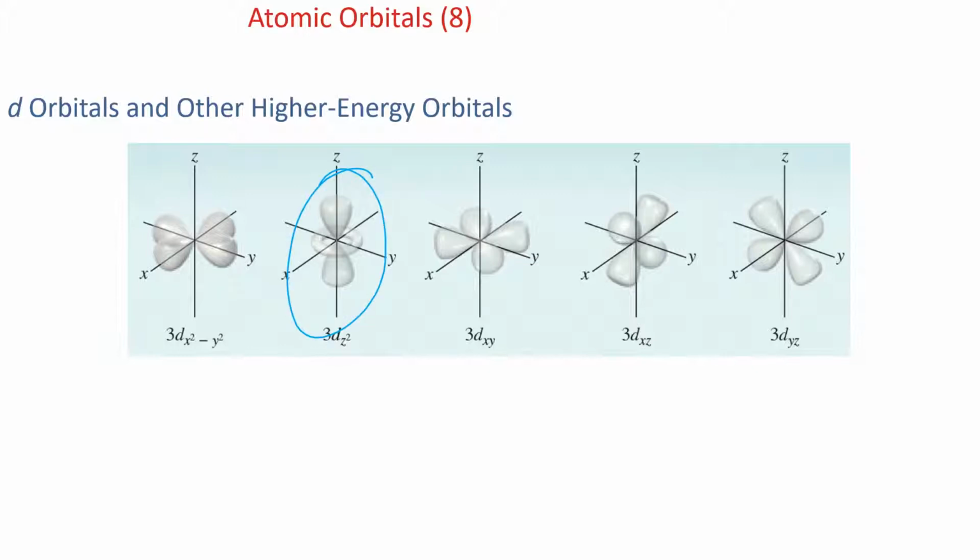All the rest are XY, XZ, YZ, and X squared minus Y squared, different axes, okay? So you can kind of think of it where P was X, Y, and Z, right?